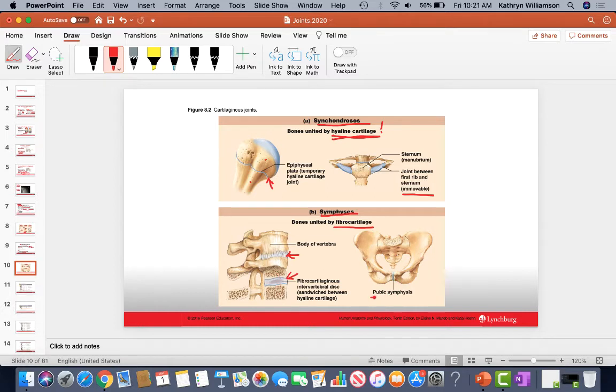We also have another example of a symphysis, the pubic symphysis. The two halves of the pelvis attach anteriorly with a little fibrocartilaginous disc, and that creates the joint called the pubic symphysis. We have some movement there. That's an amphiarthrotic joint.